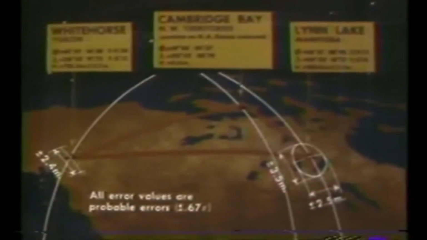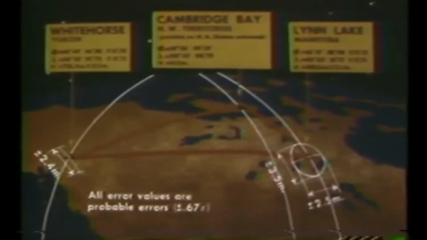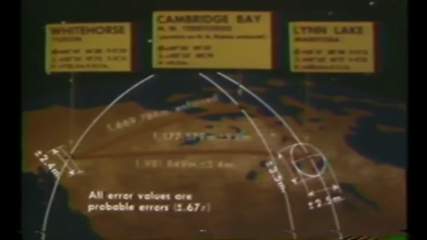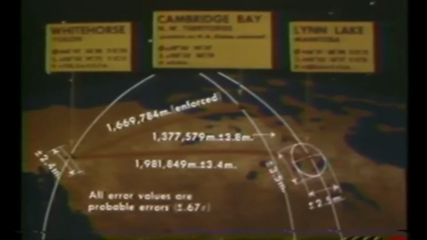These solutions result in very exact geographic coordinates and altitudes for the positions occupied by the ground stations, together with the precise distances between these observing stations, without any necessity for traversing the intervening terrain.